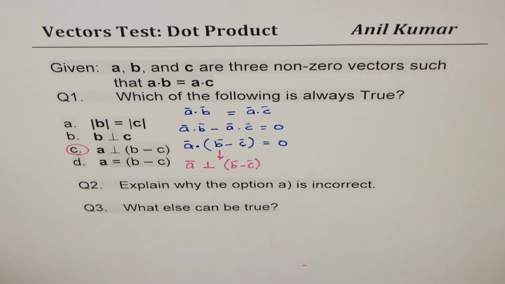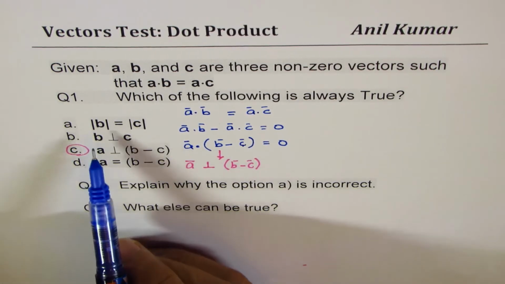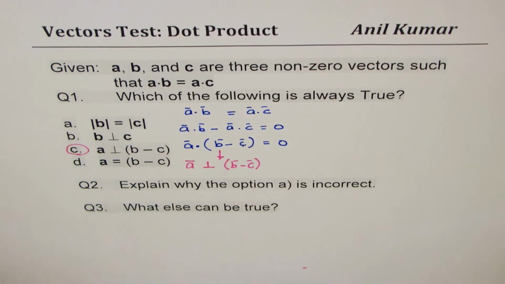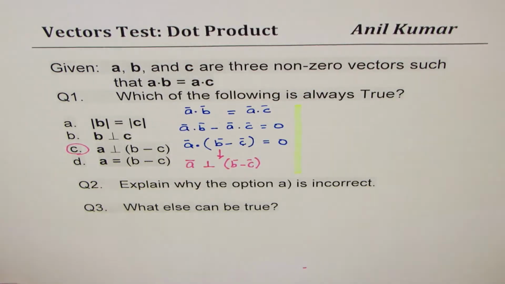Okay, now tell me why option A is incorrect. Magnitudes of B and C. Why is that incorrect? Let's look into that part also.